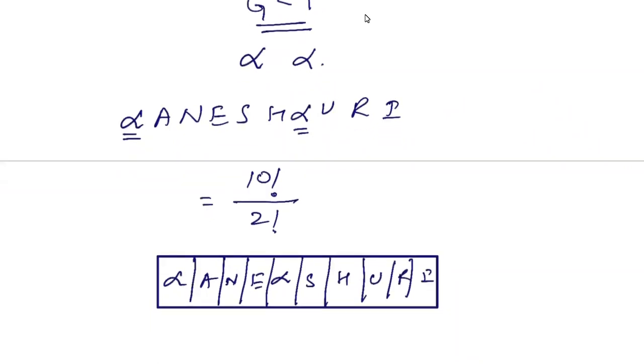So in this arrangement, 2 alphas are there. The right alpha, I can rewrite as P, and the left alpha, I'm writing as G. So every time I can fill these two alphas as P and G, and this is only by one way, right?